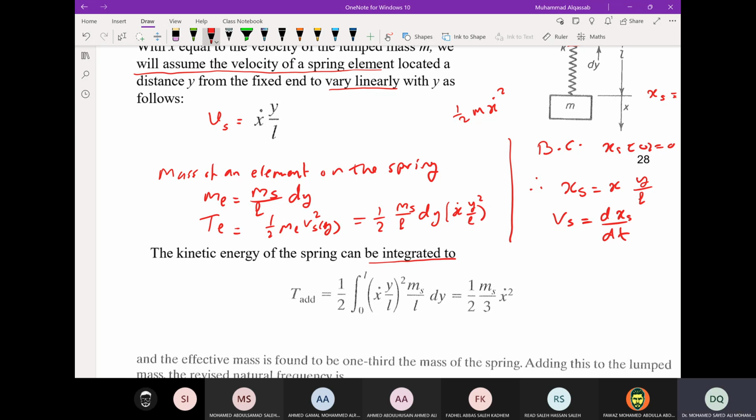To get the total kinetic energy of the system, we add the kinetic energy of the mass to the kinetic energy of the spring. So this is the kinetic energy of the spring.